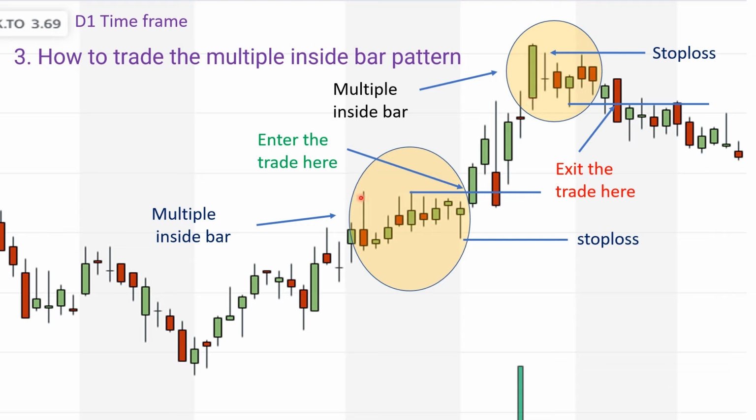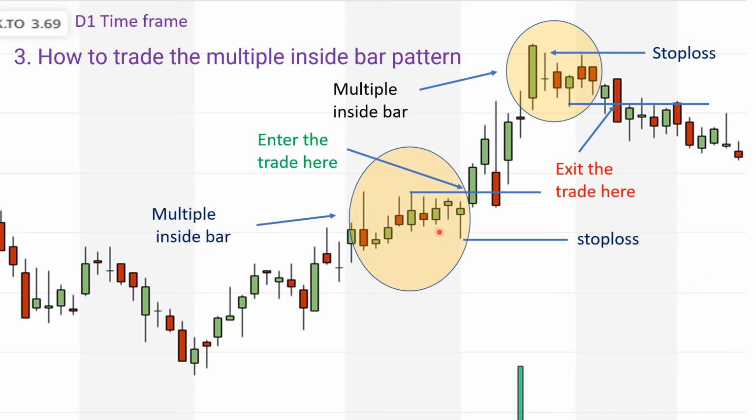of a mother bar. Right here, the high and the low of a mother bar. Or if they want to use the high of an inside bar, or for example here, the low of this inside bar, then they should put their stop loss 1 or 2 ATR above the high of this inside bar for bearish, and maybe 1 or 2 ATR below the low of this inside bar for bullish.